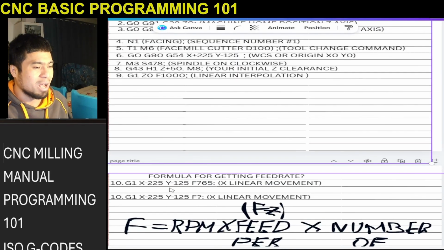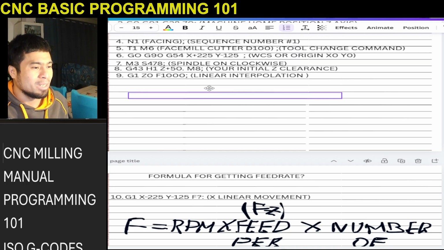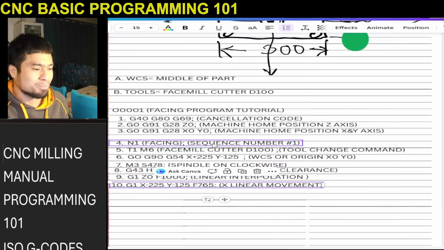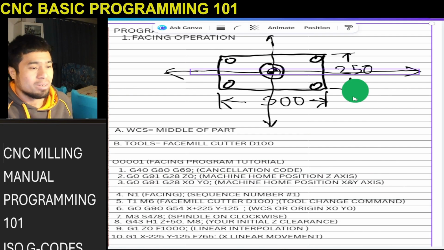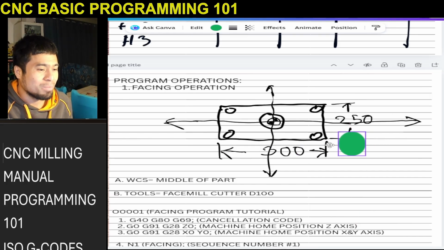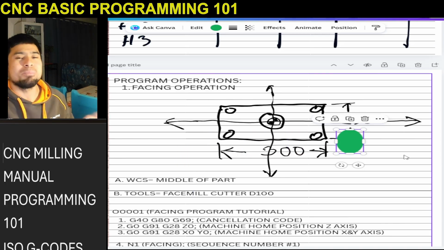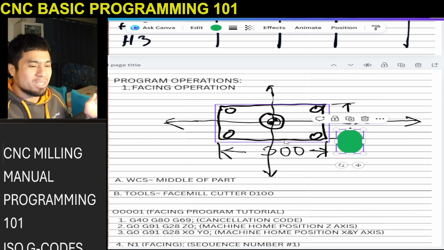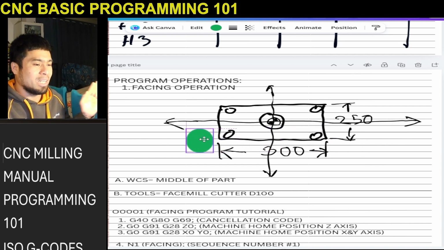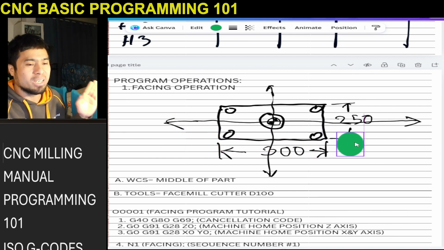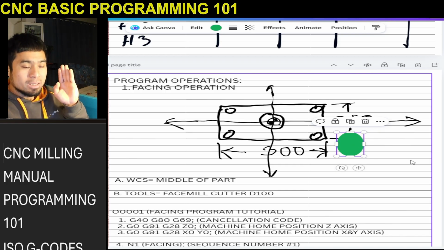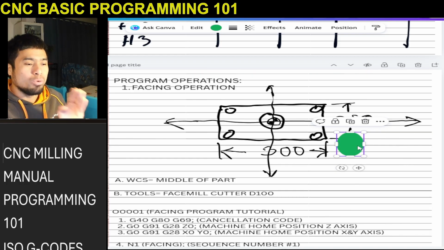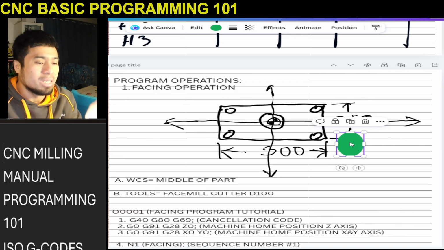Our next block is moving this tool from that position to the other side, and what is the specific or right feed rate, or how fast the tool is traveling from this side to that side. There is an equivalent proper feed rate that you have to use when the tool is cutting the part.